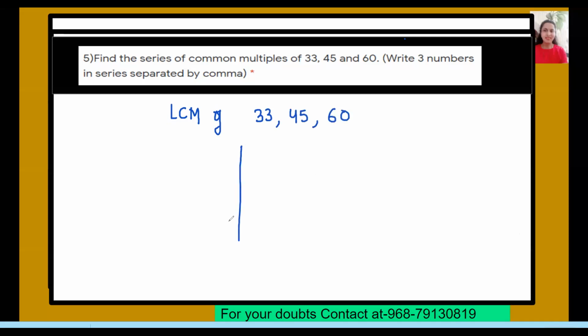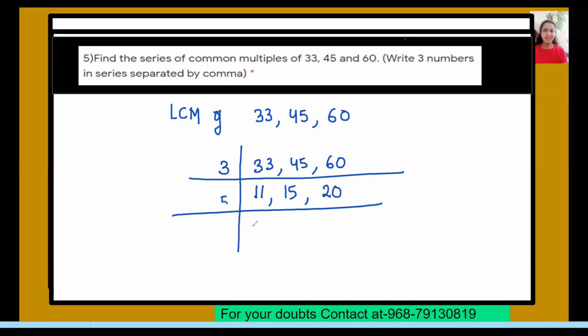You can use the ladder method as well. So 33, 45, 60. I'm going to divide all by 3. So 11, 15 and here 20. Then I'm going to divide by 5. So 11, 3 and 4. Now nothing will get divided.